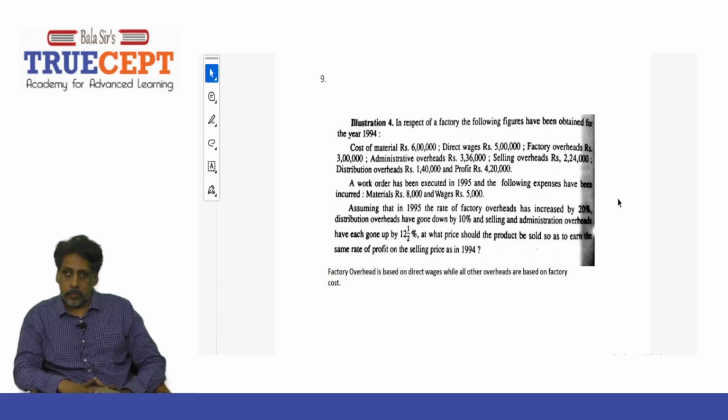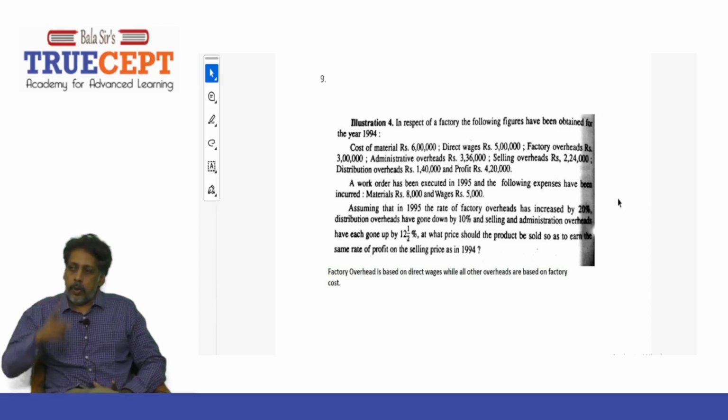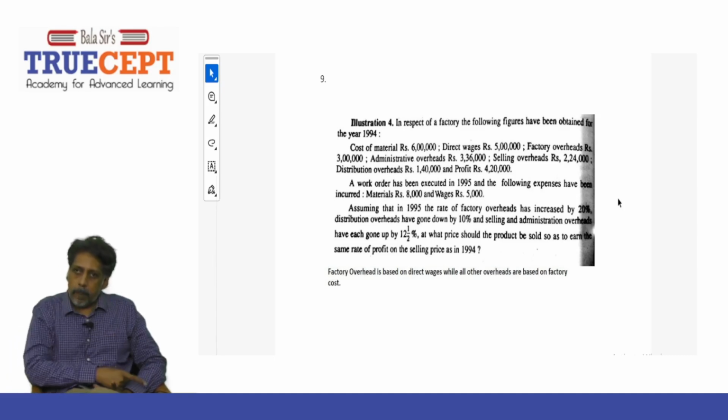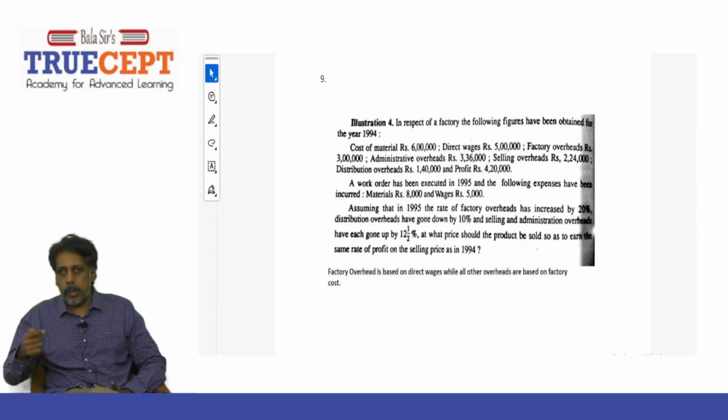Assuming that in 1995, the rate of factory overheads has increased by 20%. Distribution overhead has gone down by 10%, and selling and administrative overhead has each gone up by 1 by 2%. So there is an inflation in factory overheads, selling overheads and admin overheads, whereas distribution cost has gone down by 10%, right?